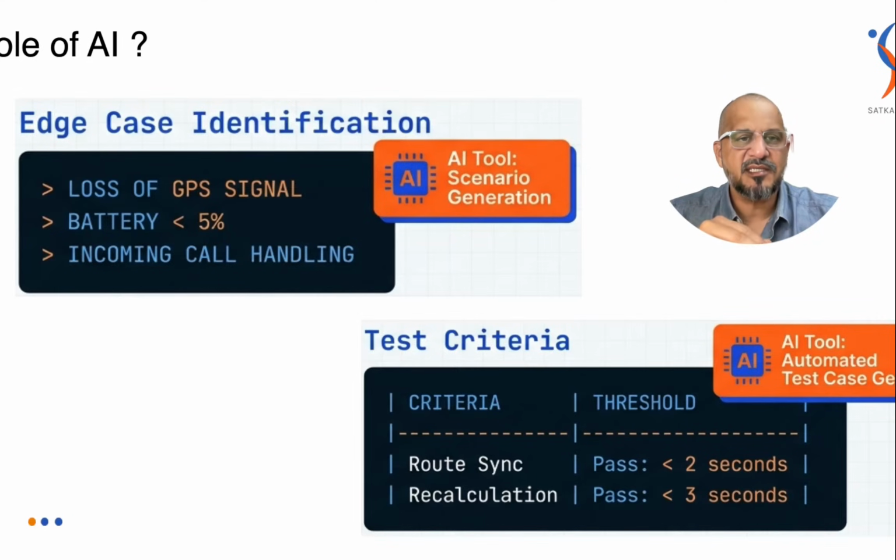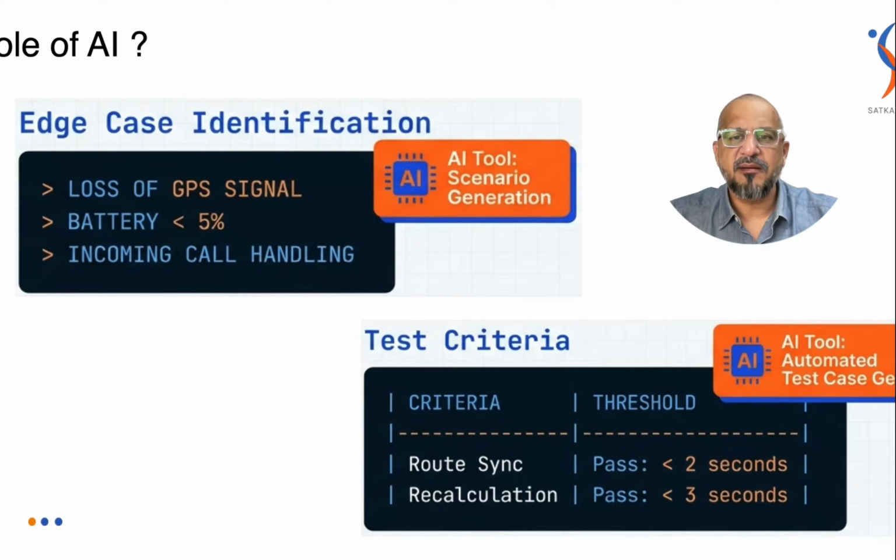Edge case identification and test criteria are two such examples. Instead of asking the AI engines directly to write test cases for this feature, you could ask it differently to get the AI engine thinking better and giving you more options, more solutions than earlier. So this is a great exercise for you to do at home.